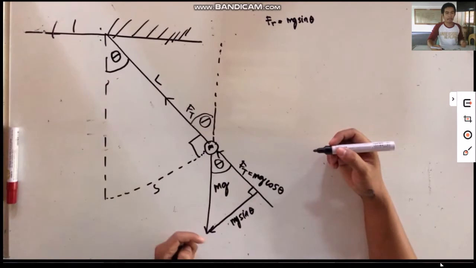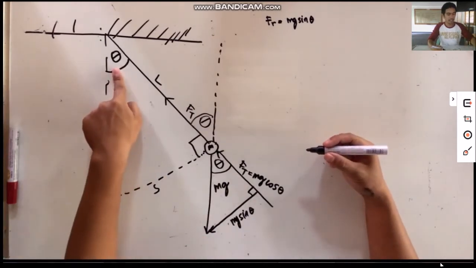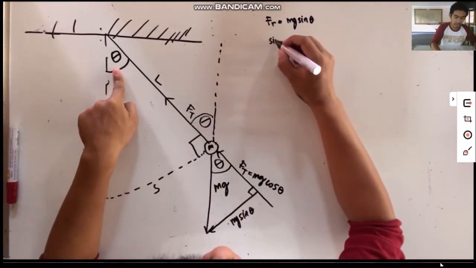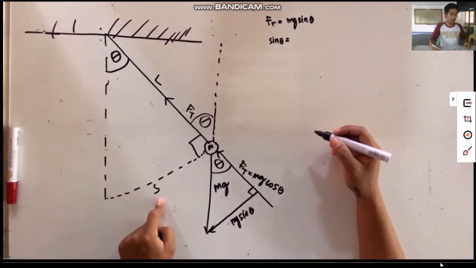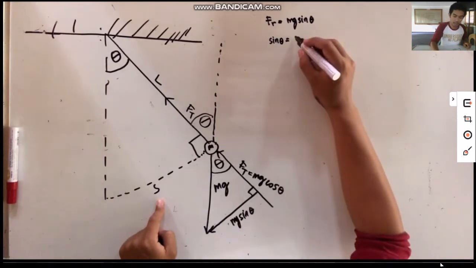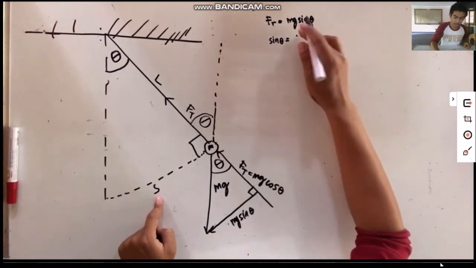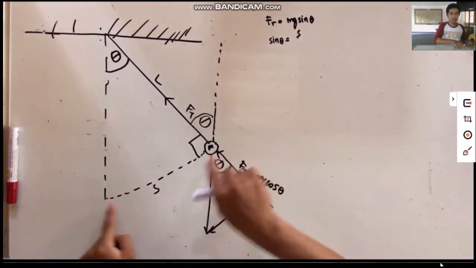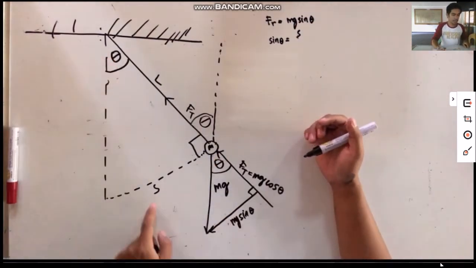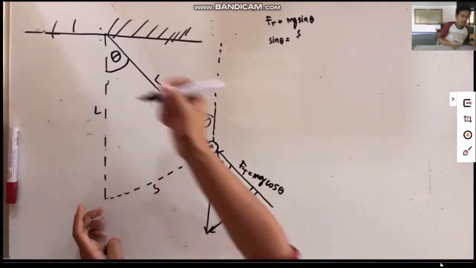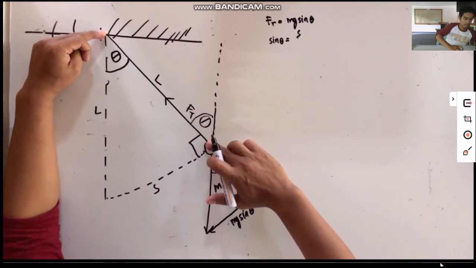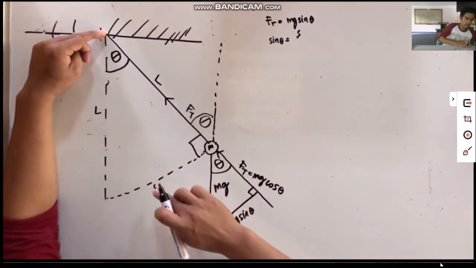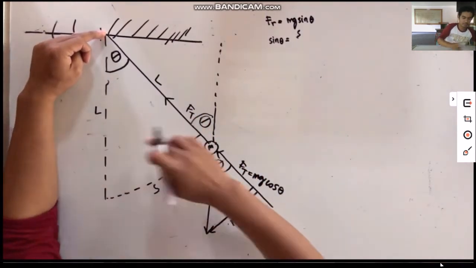So the sine of this angle theta is the opposite side over the hypotenuse, L. This is S, the arc, which is opposite to angle theta. Now, if this is L, this is also L, since this is the length of the string. So the sine of this angle is S over L.